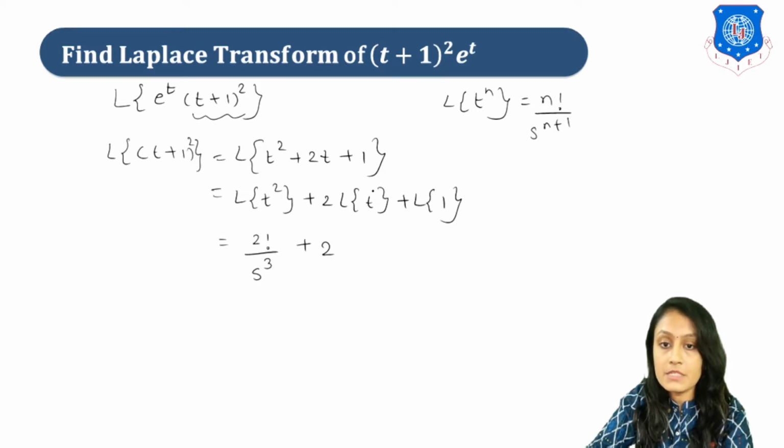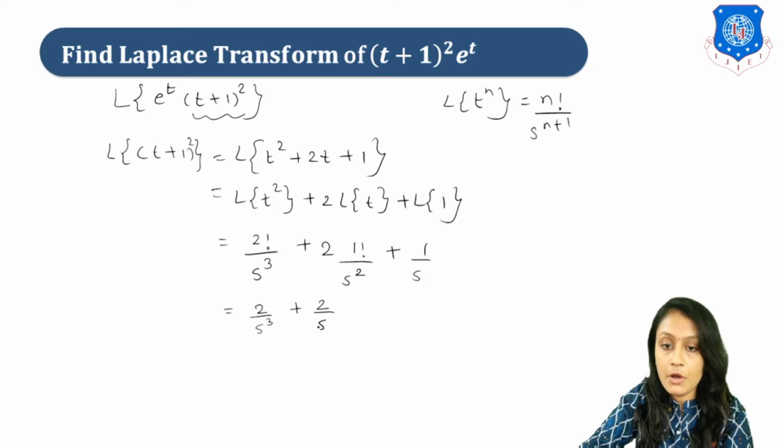Now here n is 1, so we will get 1 factorial upon s square. And the Laplace transform of 1 is 1 upon s. Simplify, so this is 2 upon s cube plus 2 upon s square plus 1 upon s. So this is the Laplace transform of (t plus 1) whole square. Now just apply e raised to t.